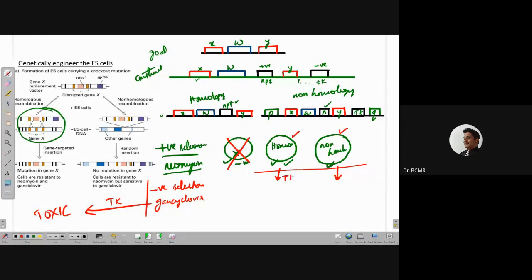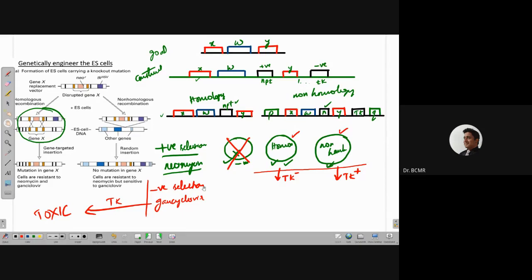This is TK minus, because as you can see in this case, the recombination happened between XX and YY. The thymidine kinase gene did not get integrated. Whereas the other one, the non-homologously recombined one, is TK positive. That's because you see that the whole DNA construct that we made is integrated randomly into some part of the genome. So you have all the genes, including thymidine kinase.